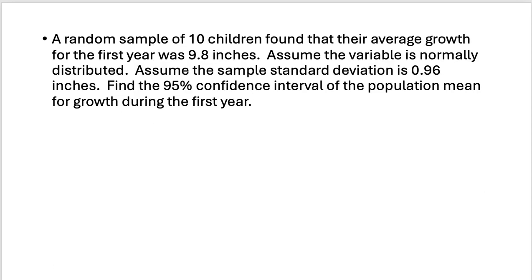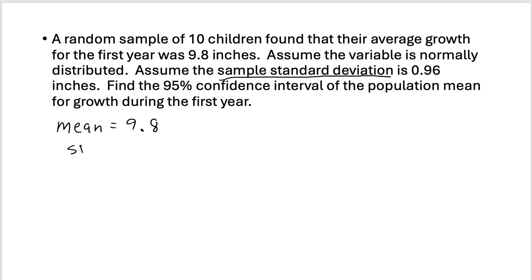Okay, we're going to look at one more. A random sample of 10 children found that their average growth for the first year was 9.8. So again, I'm going to write as I go. So that's my mean. Assume the variable is normally distributed, just simply means we can use our curve to work the problem. Assume the sample standard deviation. Okay, so they were really nice here in that they told me that we have the sample standard deviation.